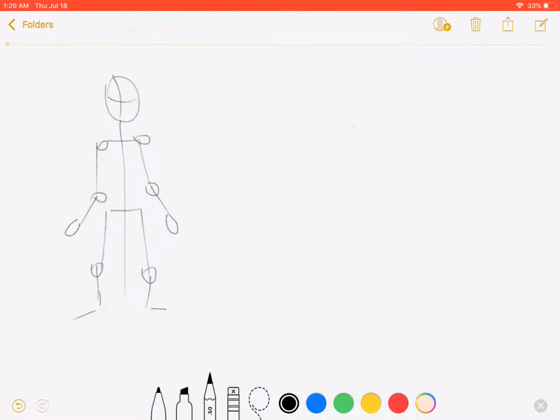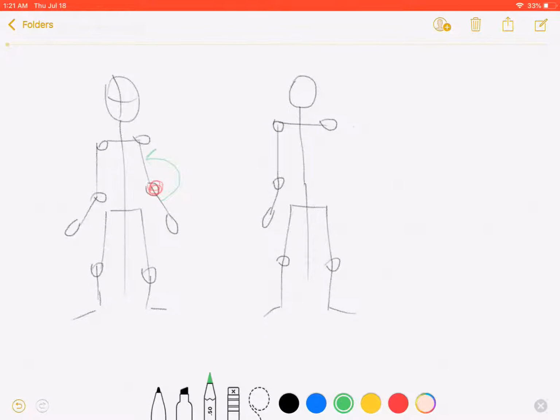If I were to flex this joint that I'm circling in red, my person will now look like this. Here's your glenohumeral. Here's one hand. I'm going to draw this angle here.